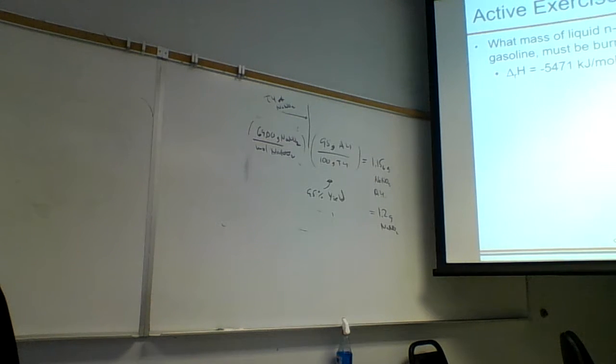And fractions are sometimes a hassle in stoichiometry, but sometimes they're not. In this case, I'm not dealing with O2, so I just want to know what mass of liquid octane. So I just need to relate this to this. And so I have a choice. I could double everything or just leave it. I'll just leave it.